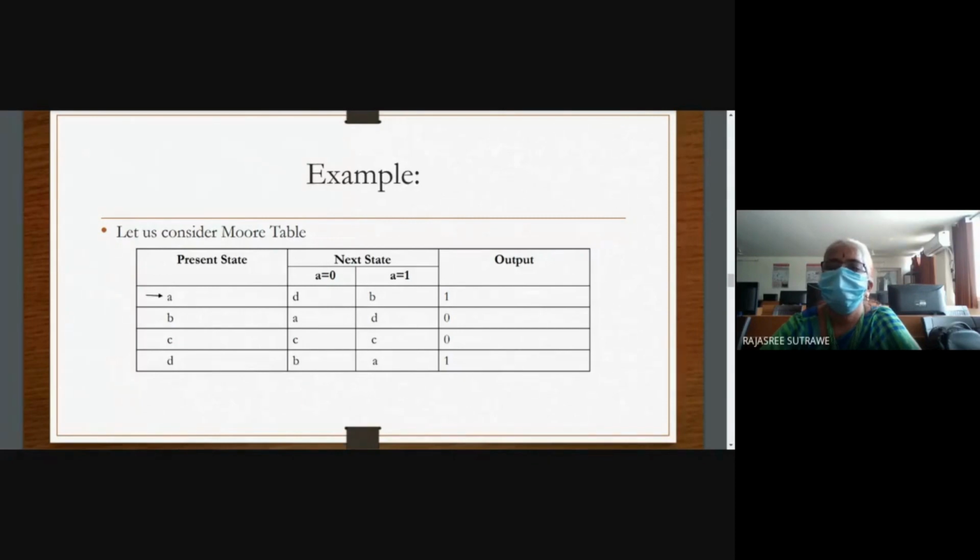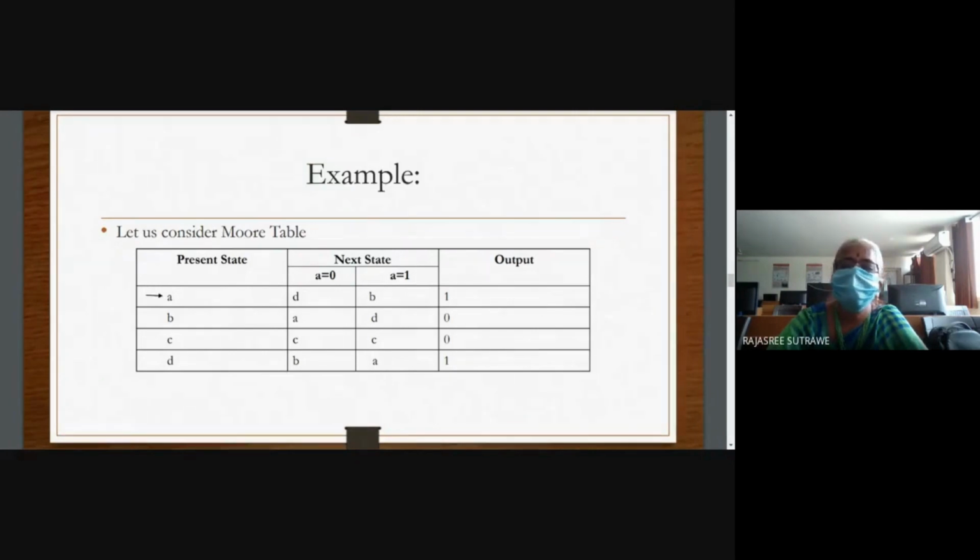So we are going for a table here. Now whatever is there in this one you have to copy. All the things what we have here from that machine you have to copy here. Now this is actually the Mealy machine we are going for.